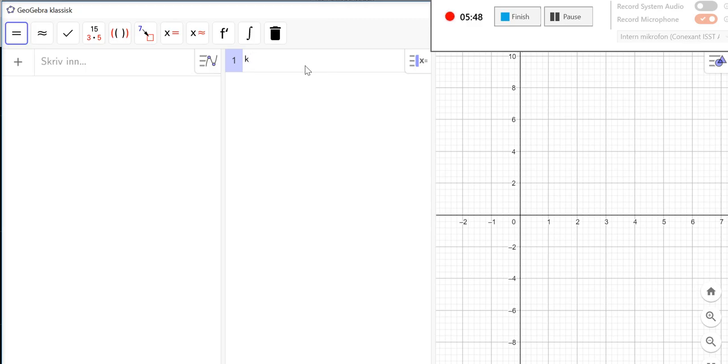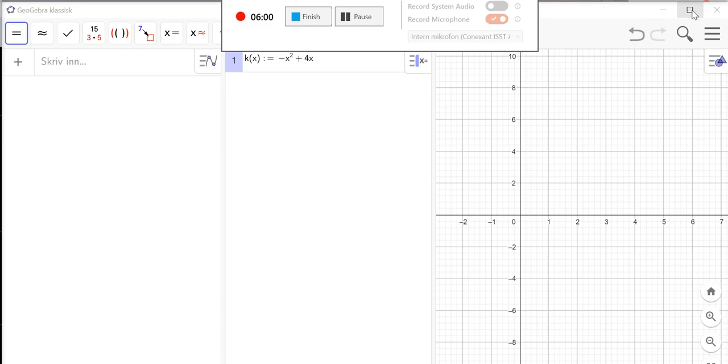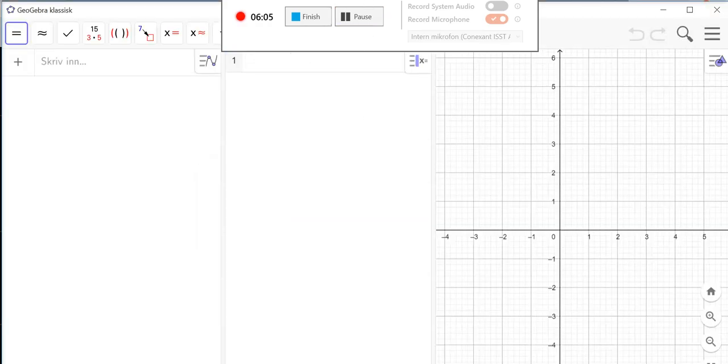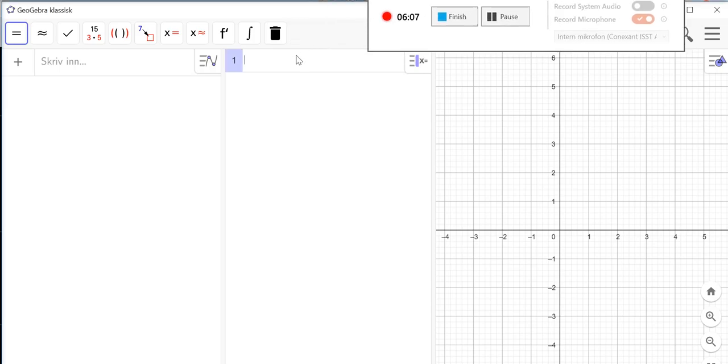Let's call it k of x. This is the parabola here. We had answered the question a long time ago, but just to give an impression of what we're doing, it still doesn't work, so we have to open a new window. This is the fun thing about CAS. Let's try again. f of x equals minus x squared plus 4x.